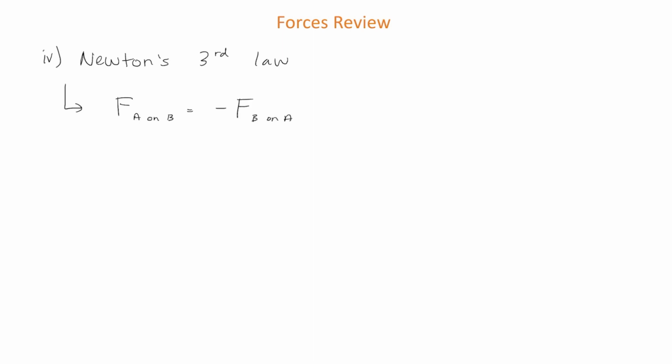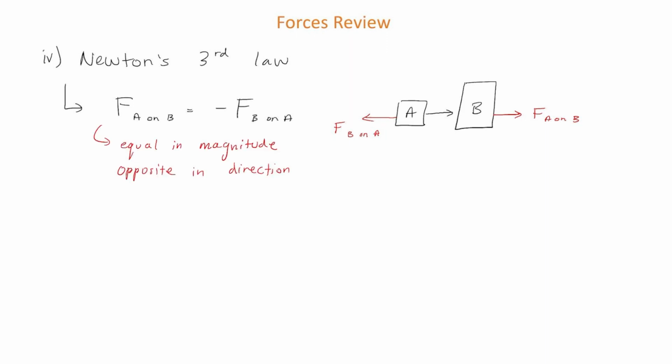Or you may have seen Newton's third law written as this: the force of A on B is equal to the negative of the force of B on A. And what this equation tells us is that if we have an object A and it applies a force to an object B, we can describe that as the force of A on B. But what Newton's third law tells us is that object B will also apply a force back on object A. And this would be the force of B on A. And this pair of forces have equal magnitude but are in the opposite direction. And that's Newton's third law.